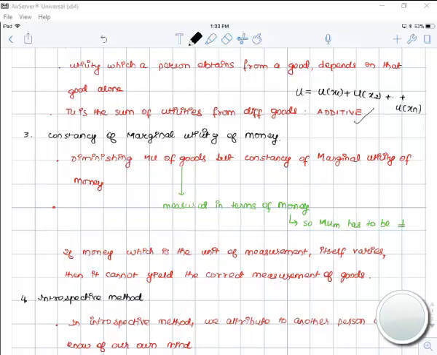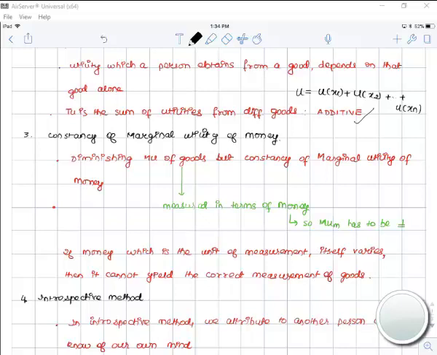Then you have the constancy of marginal utility of money, right? So this is also important. This is one of the questions I think which has been asked in the paper in Indian Economic Services. I don't remember about IAS, but they have asked this at least in the IES paper.